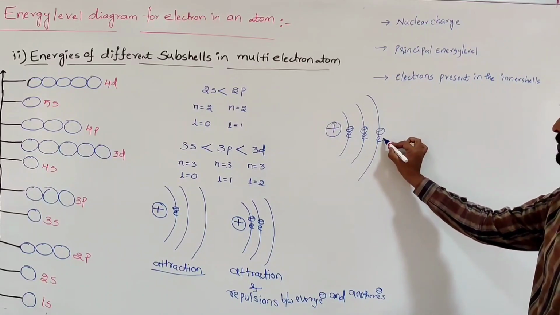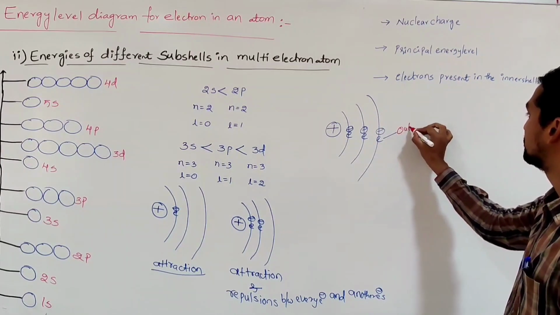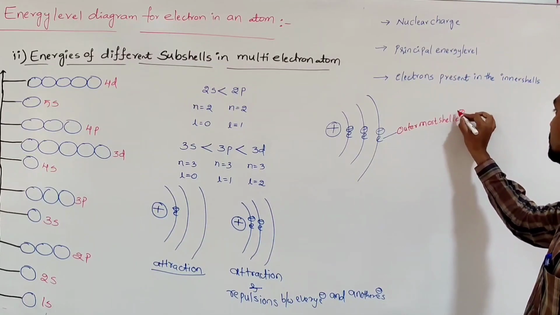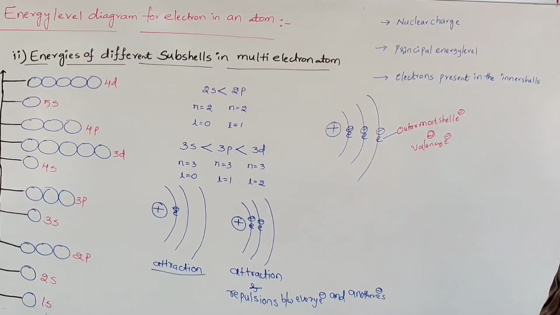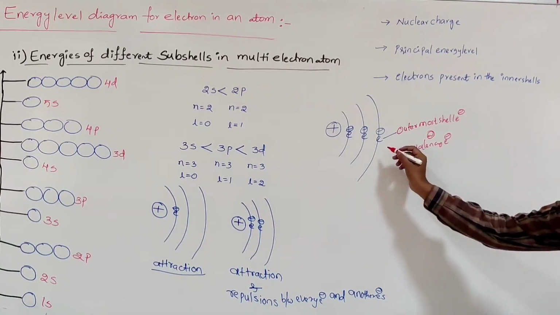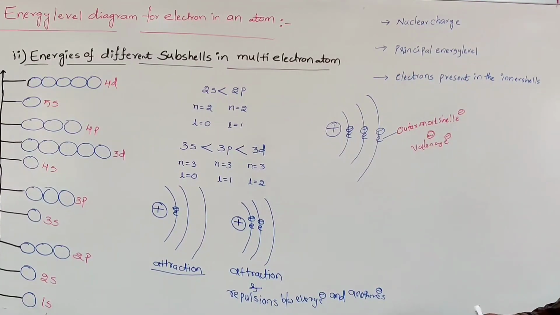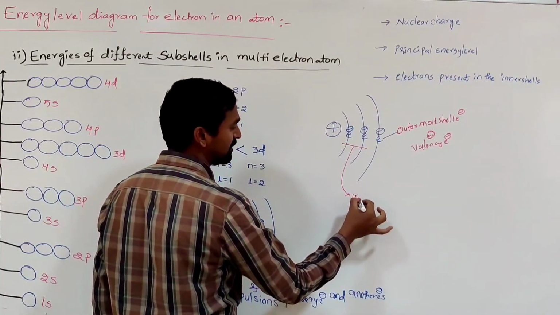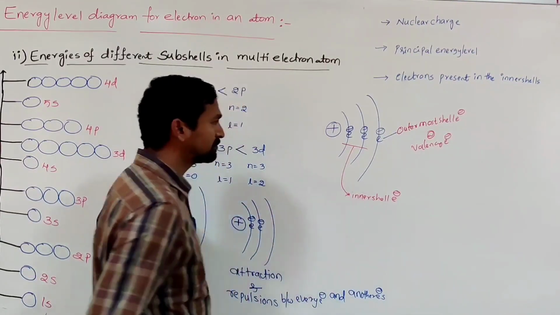The electrons present in the last shell are called outermost shell electrons, also called valency electrons or valency shell electrons. The remaining electrons, except the outermost shell electrons, together we call inner shell electrons.